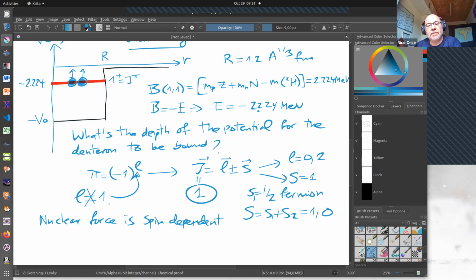Remember that. But we see a positive parity right there. Right, Garinchuti? Yeah. Correct. So now we know that the nuclear force is spin dependent, because what it does is actually coupling the proton and the neutron, so the spins are pointing up, right?